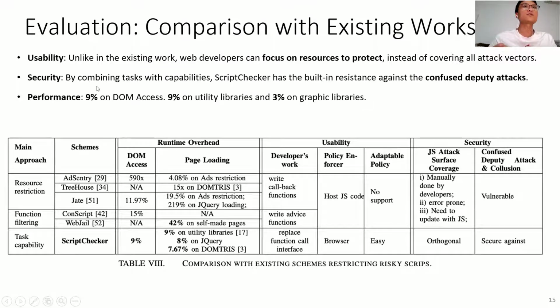In terms of security, since our approach has built-in tasks combined with capabilities, it has built-in resistance against confused-deputy attacks. And our performance experiment shows that our security and usability advantages are gained at the cost of a modest performance loss.